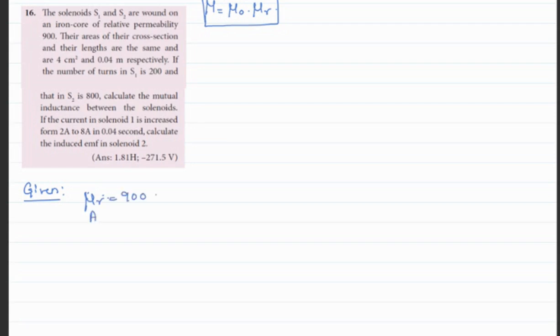Area of cross section A1 is equal to A2, which is 4 centimeter square, which is 4 into 10 power minus 4 meter square. L1 is equal to L2, which is L equal to 0.04 meter. Number of turns 200 only is given, not per meter. So capital N1 is equal to 200, capital N2 is equal to 800.